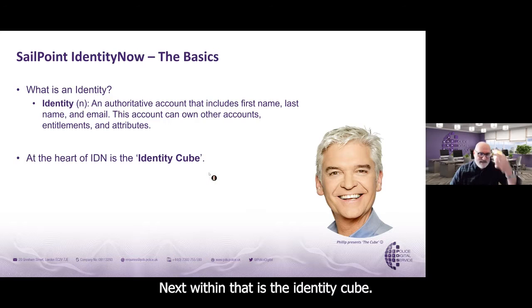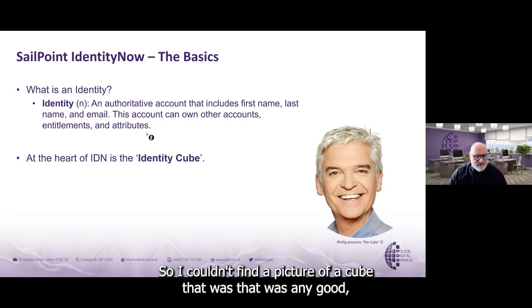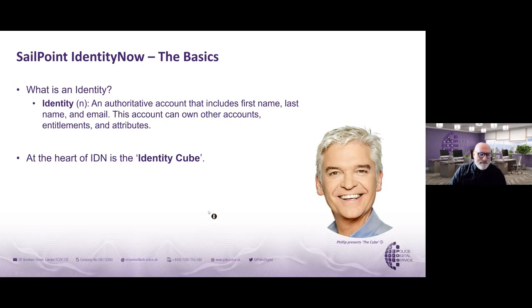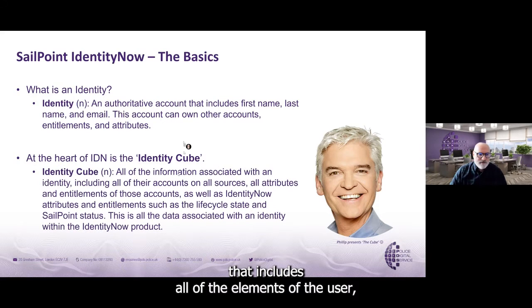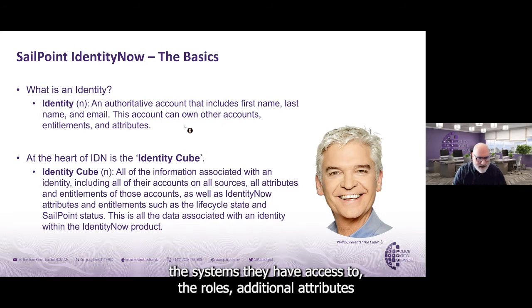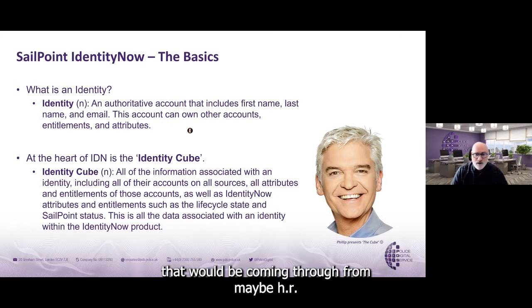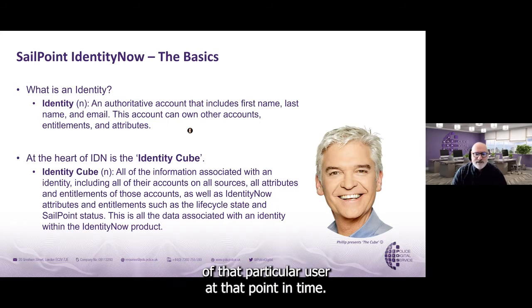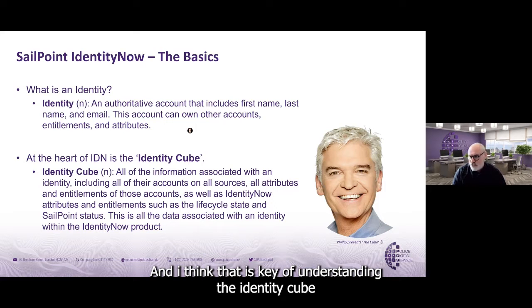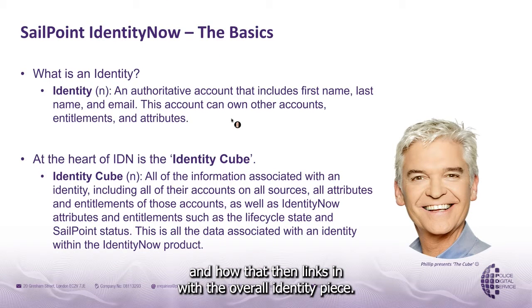Next within that is the identity cube, and sorry, I couldn't find a picture of a cube that was any good, but ultimately the identity cube is the aspect within SailPoint that includes all of the elements of the user, the systems they have access to, the roles, additional attributes that would be coming through from maybe HR, maybe Active Directory, but builds up a complete picture of that particular user at that point in time. And I think that is key of understanding the identity cube and how that then links in with the overall identity piece.